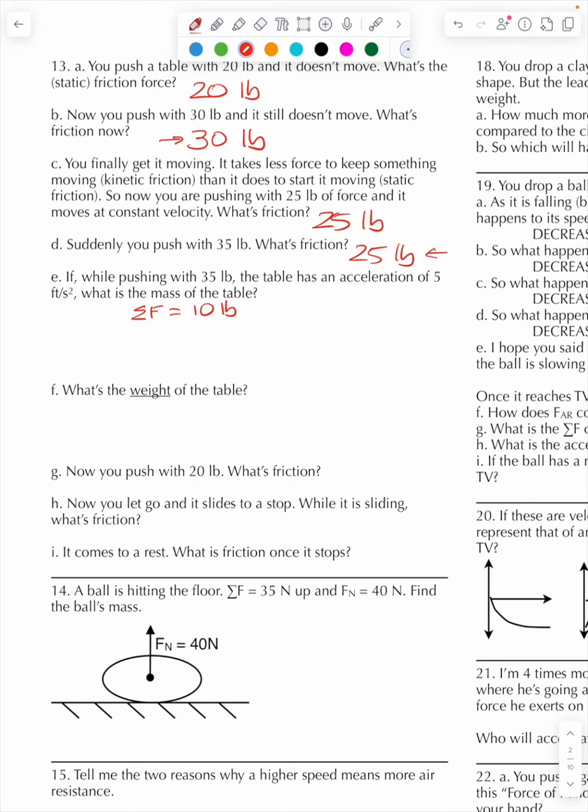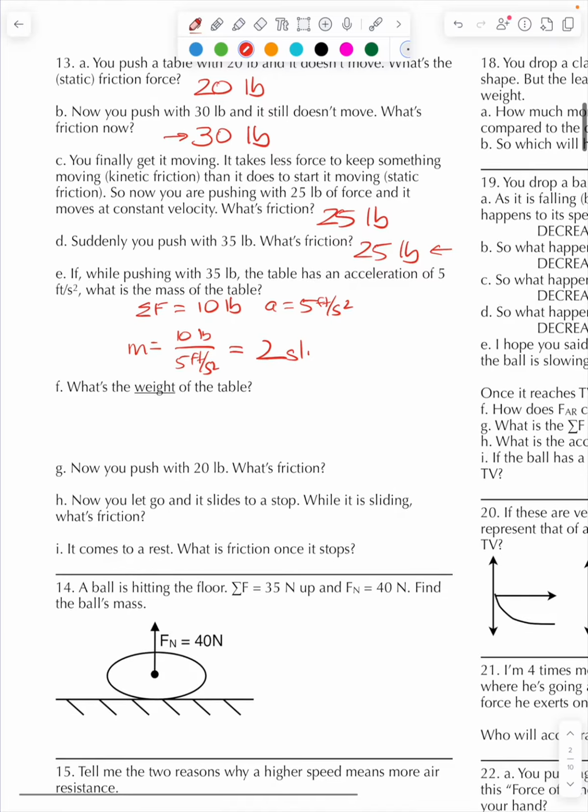We know it's going to speed up because I'm pushing harder than friction in the direction that it's going. And the acceleration is 5 feet per second squared. Notice I'm using imperial because I'm using pounds. What's the mass? The mass is the net force, 10 pounds, over the acceleration, 5 feet per second squared. And you know me with my convenient numbers: 2, and what do you think the unit's going to be? Slugs. That's the imperial unit.